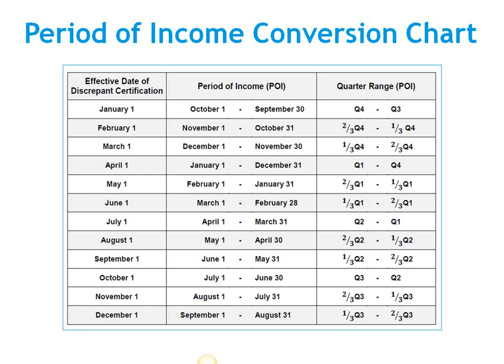When you are looking at income reports, what pay frequency are wages displayed in on an income report? Quarterly. When you look at unemployment on an income report, what pay frequency is unemployment listed as? How are unemployment wages listed on an income report?